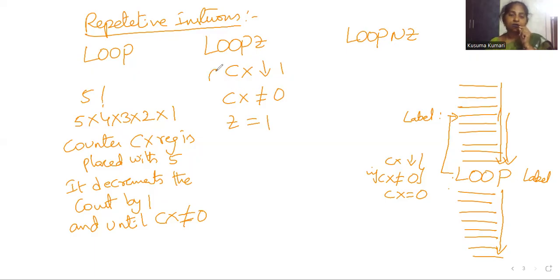If these conditions are satisfied, then the instructions are under the loop.